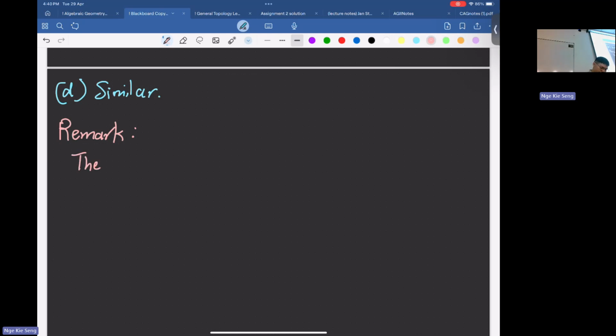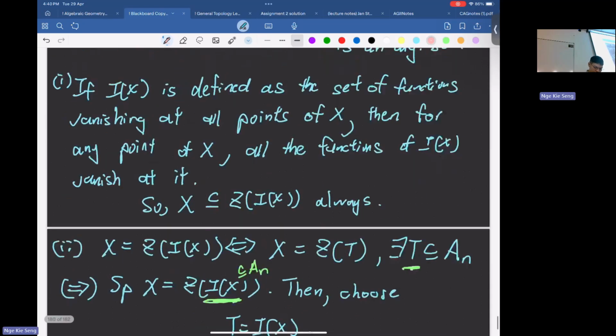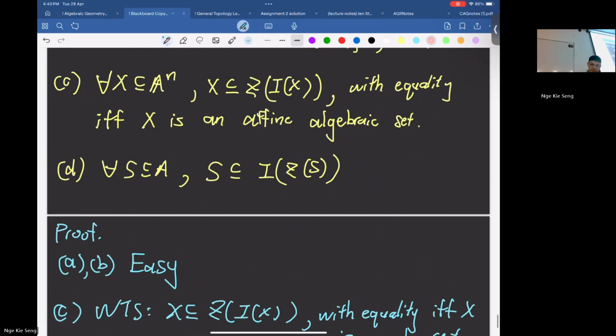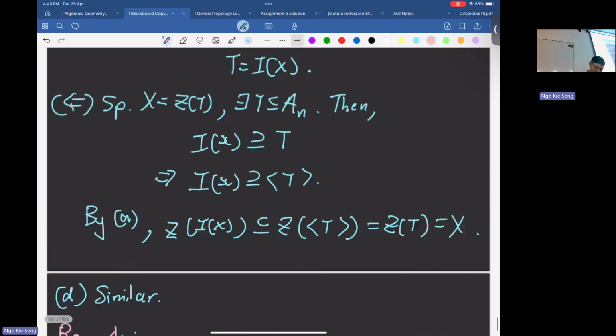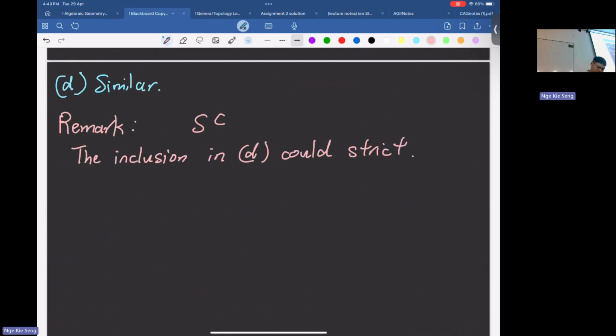The inclusion in D could be strict. So what is D? Let's bring the D down first, as in the ideal of Z. Yeah, let's try this.